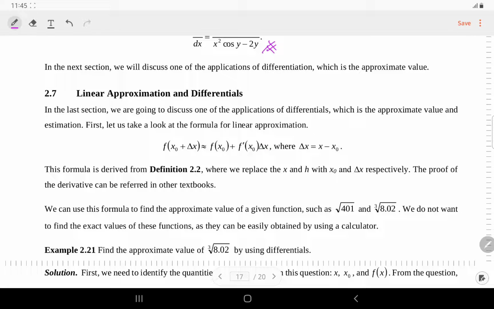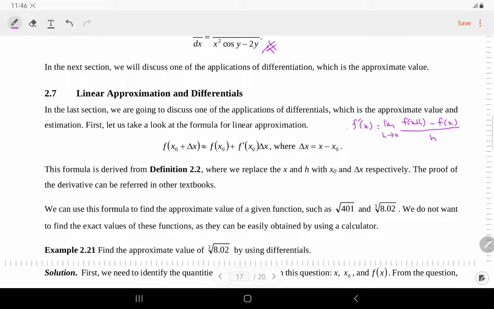In definition 2.2 we have learned about the formula of f prime. f prime x equals limit h tends to 0, f of x plus h minus f of x divided by h, where this formula is called the first principle of differentiation. So we replace x with x naught, and h replaced with difference x.